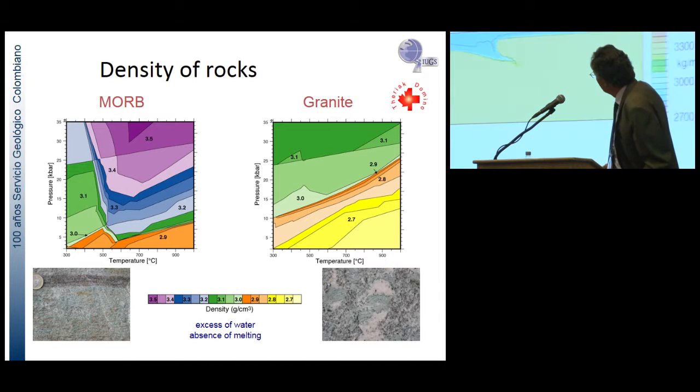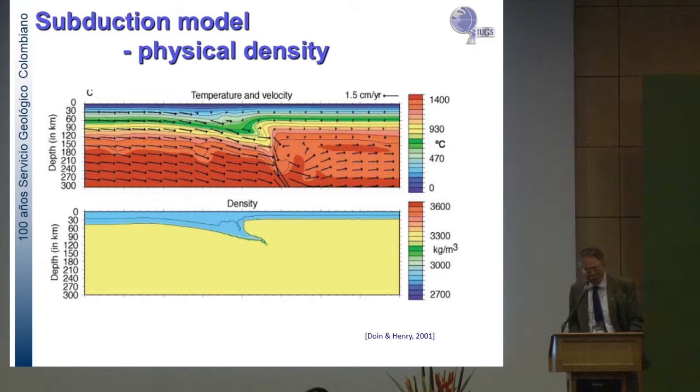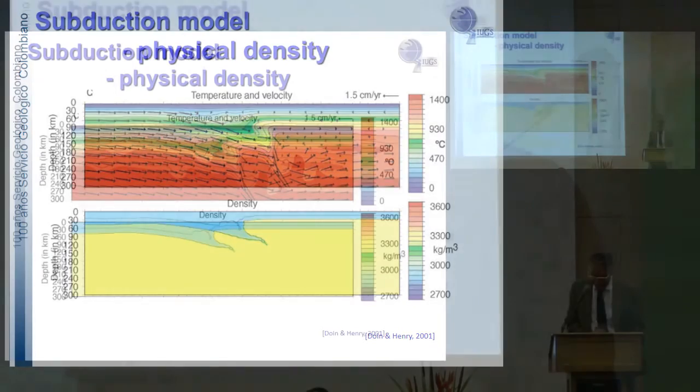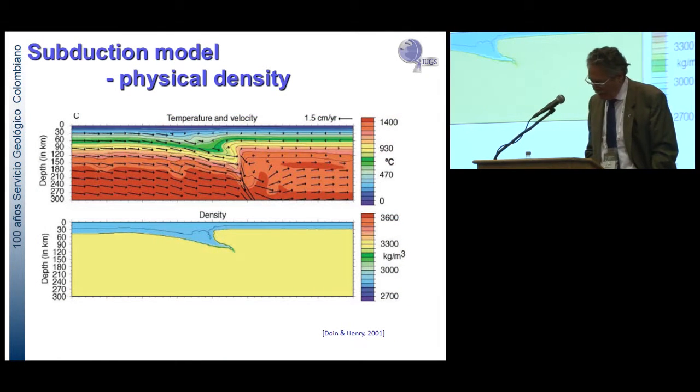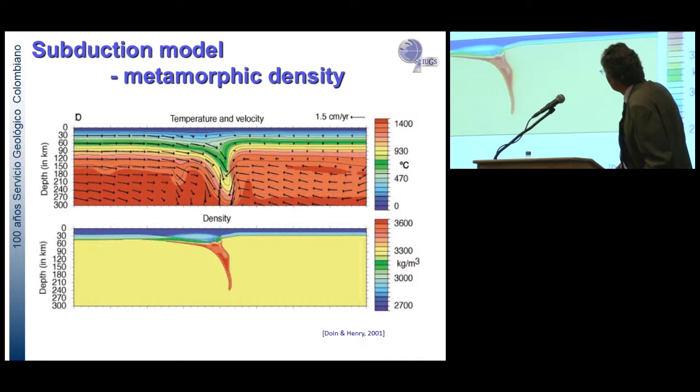Now, what does this mean? Here is a model taken from literature where you can see the thermomechanical modeling and the respective densities if you assume the physical densities, this simple contouring that I was showing before. We were lucky we could convince these people to redo their model with our metamorphic densities, and you can see that it looks completely different.